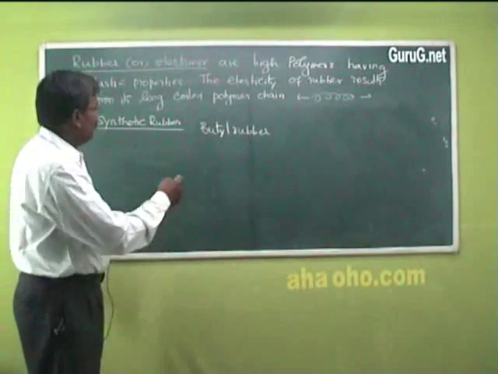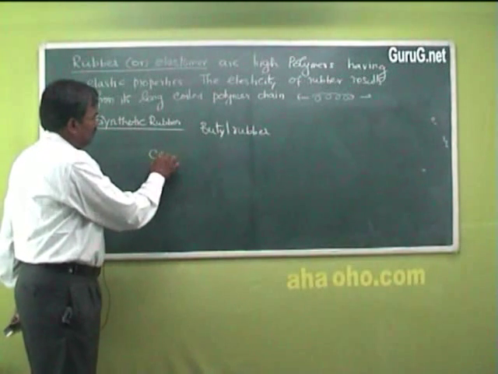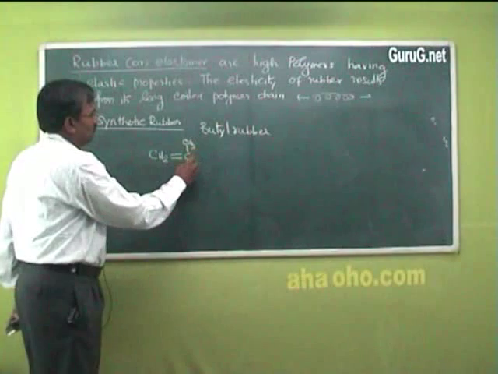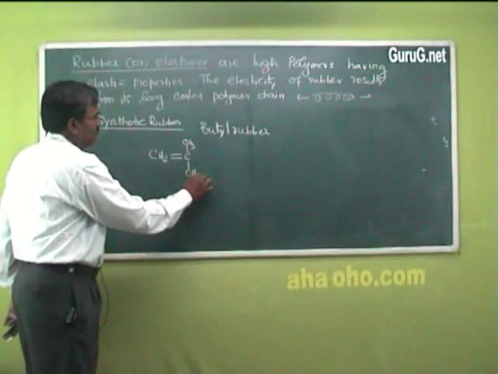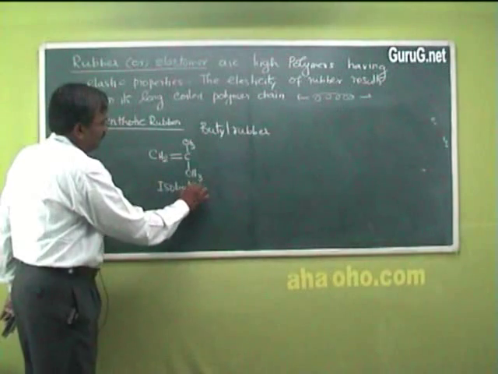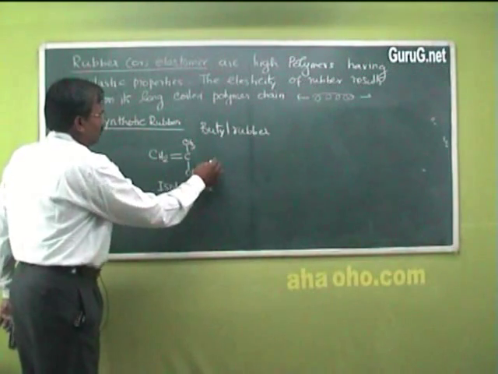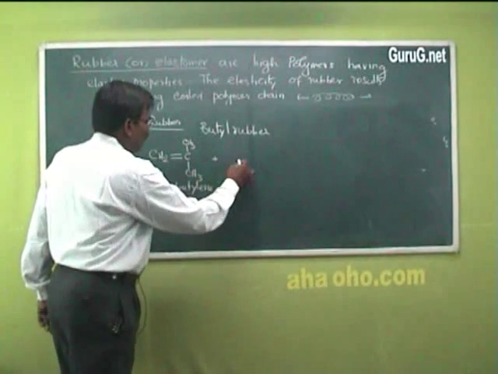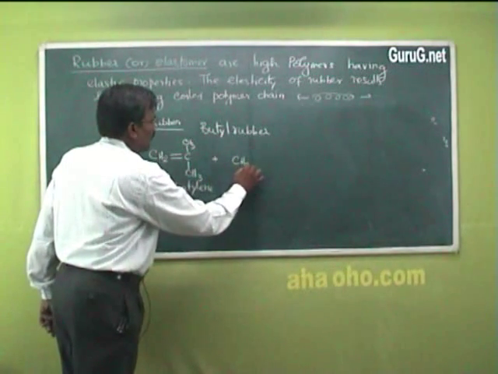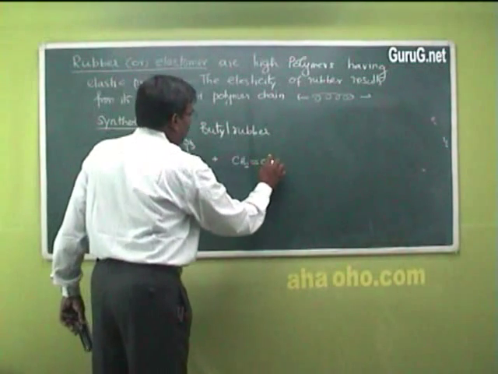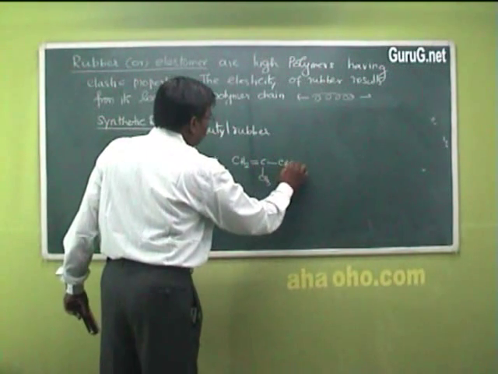Butyl rubber is made by taking isobutylene with a small amount of isoprene. So isoprene is taken in very small amount.